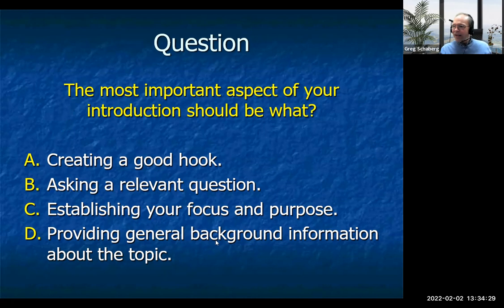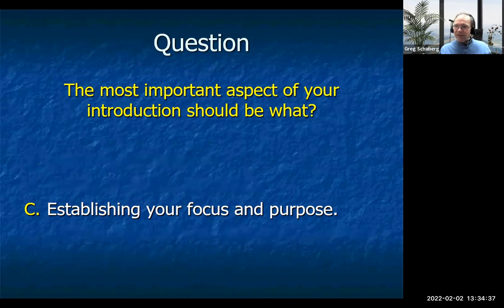And providing general background information about the topic is equally as important. But the most important accomplishment that you want to achieve when a reader finishes your intro is that the reader should understand your focus and your purpose. That was a great guess. They were all important. It was kind of a trick question.